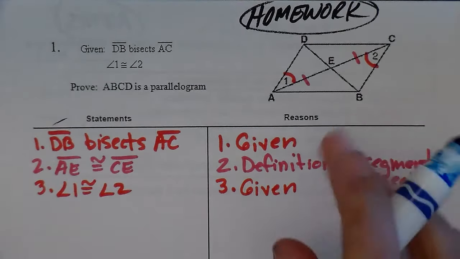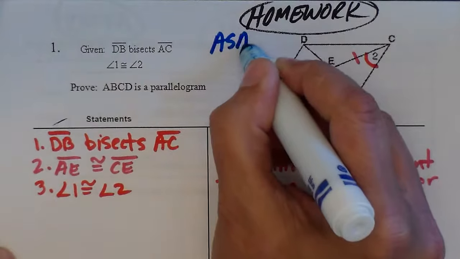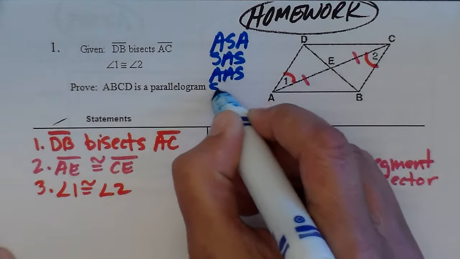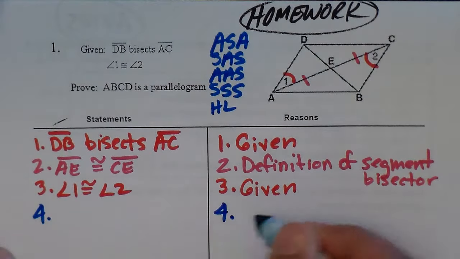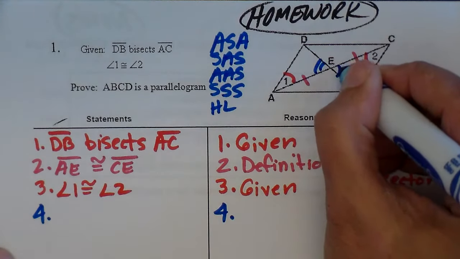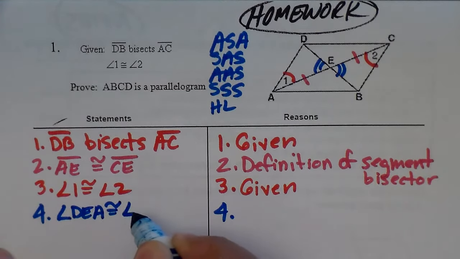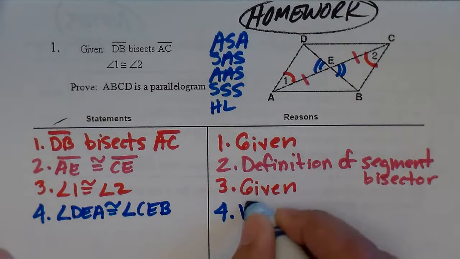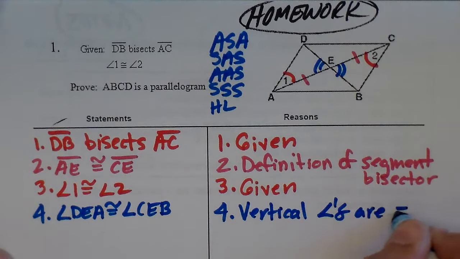So how would I continue and finalize this? Again, here's what you have: ASA, SAS, AAS, SSS, HL. I see something pretty simple. What are these guys called? Vertical angles. So I know that angle DEA is congruent to angle CEB because vertical angles are congruent.